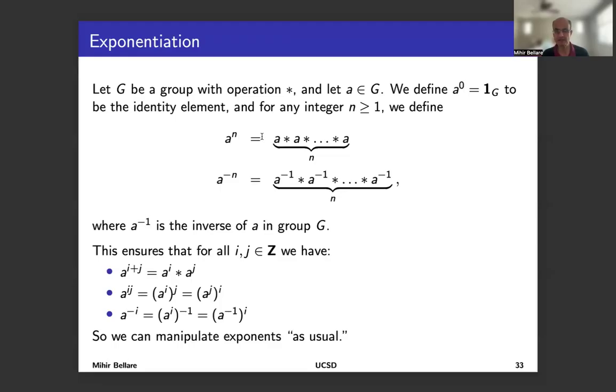In other words, the meaning of a to the n was not known before we wrote down this equation. Here, you would know the meaning of a to the n in some normal domain if a is an integer and so is n. But a isn't always an integer, and the operation may not be the one you think it is. So we have to actually say what we mean by this, and it's done in these ways.